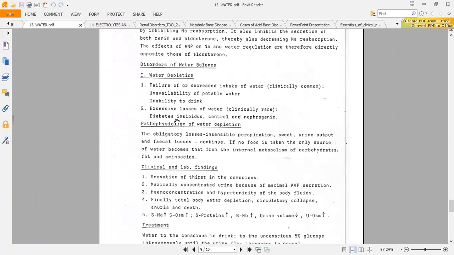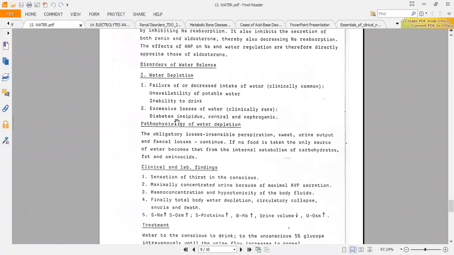If you are not producing ADH, we call that one central diabetes insipidus. Or if you are producing the ADH, but the ADH cannot work on the collecting ducts, we call that one nephrogenic diabetes insipidus. So for diabetes insipidus, there are two types. We have the central one and then the nephrogenic one. Okay.